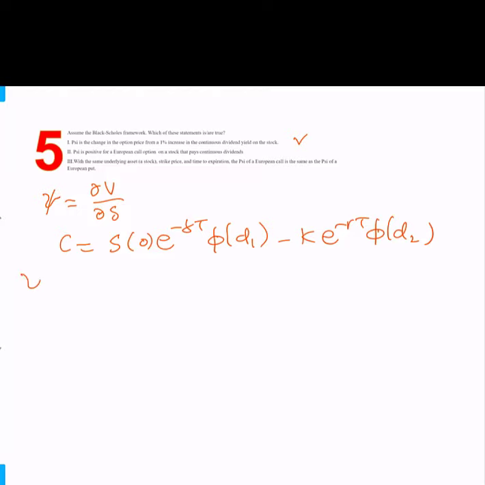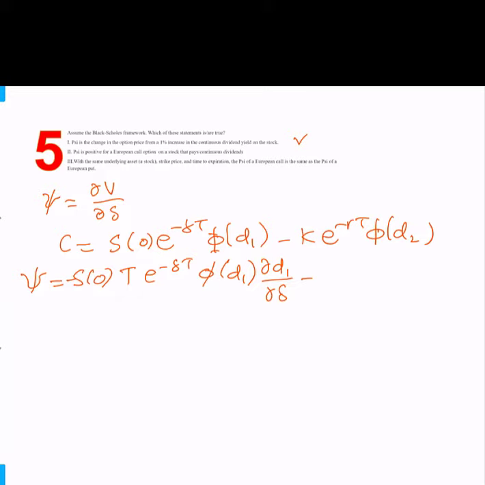So if we differentiate it, we got psi is equal to minus S0 T e to the minus delta T phi of d1.